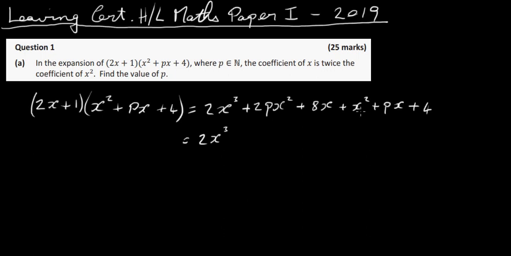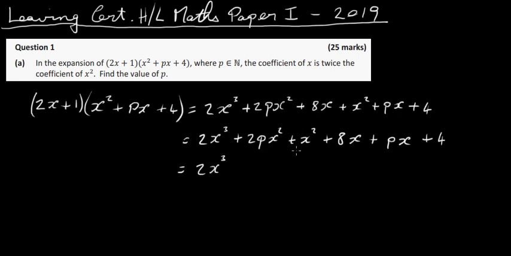There's an x squared here and an x squared here, so if we put those together we get 2px squared plus x squared, and we have an x here and an x here, so we'll put those together. So we've got an 8x and we have the px, and out at the end here we have the plus 4.